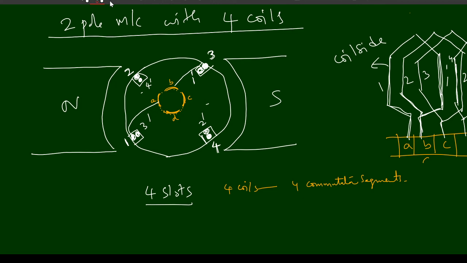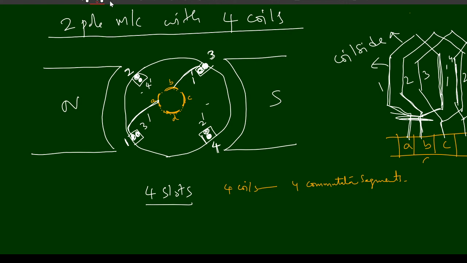So 1 is connected to segment A, and 1 dash is connected to segment B. This side is the back side connection; we actually have the back end connection, and I am showing the front side connection.